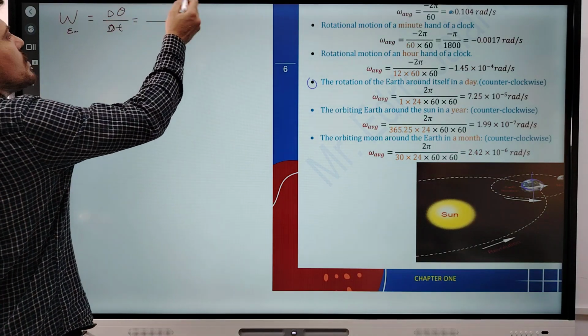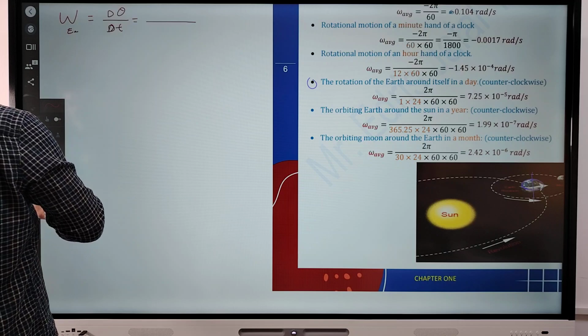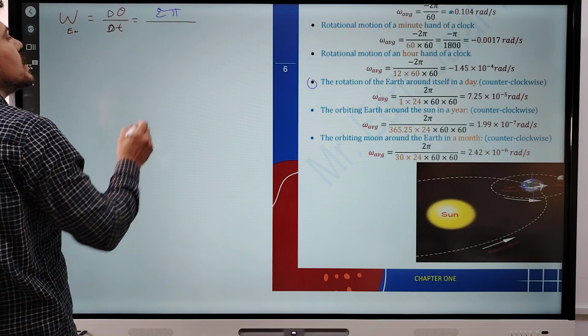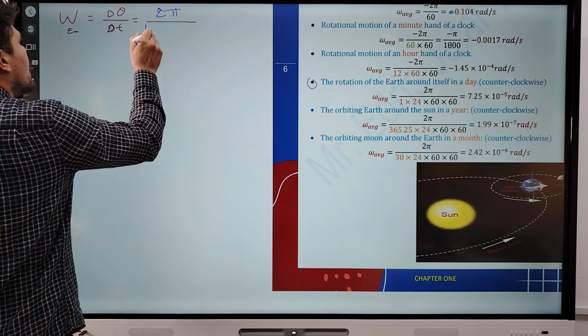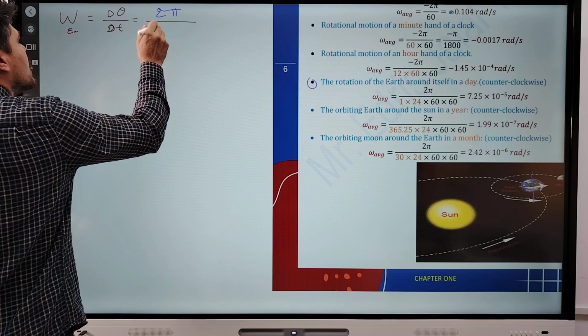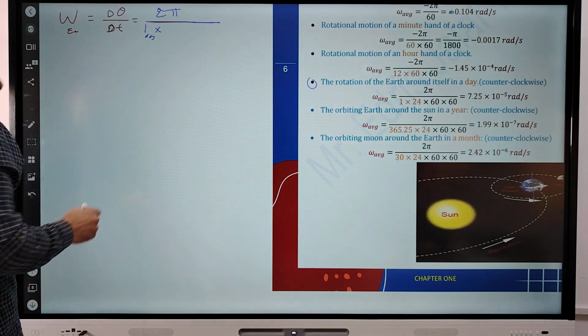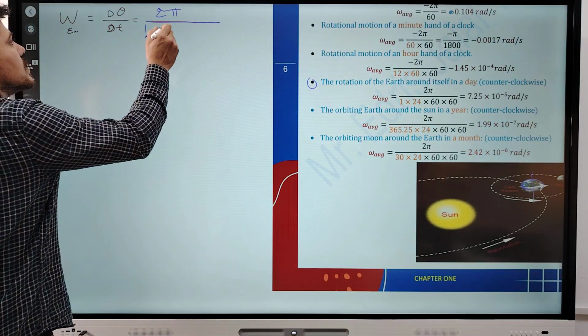One complete revolution around itself is equal to how many rads? 2 pi rad divided by how long does it take? 1 day. Convert to hours. How many hours do we have per day? 24 hours.